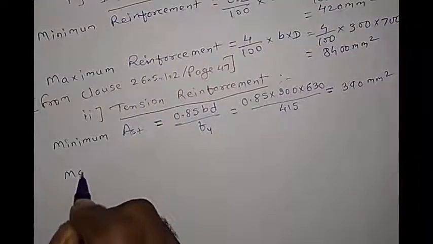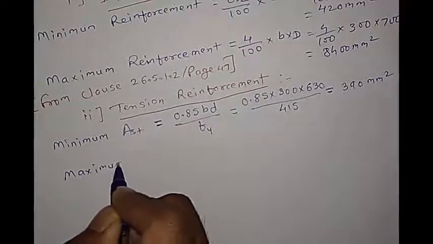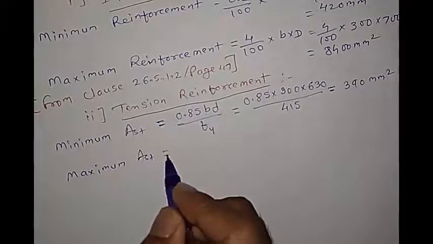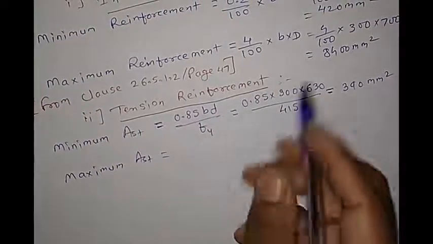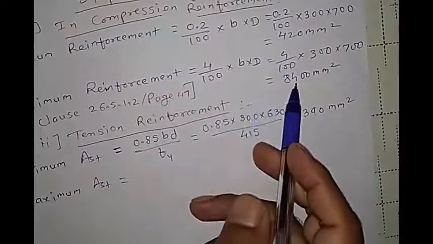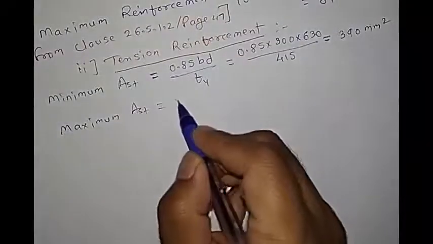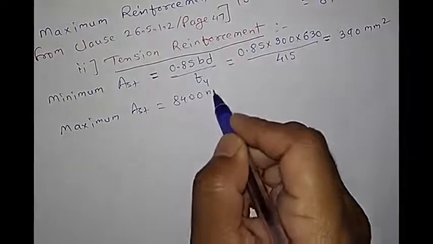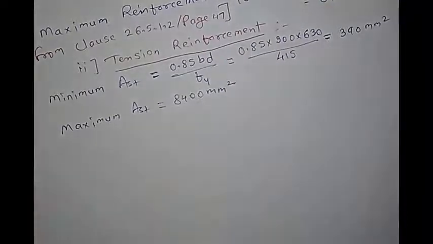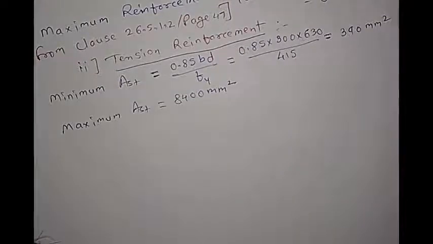Similarly, maximum AST, which is same as that of the earlier, that is 4% of BD, that is 8400. And since our AST is in between the minimum and maximum criteria.